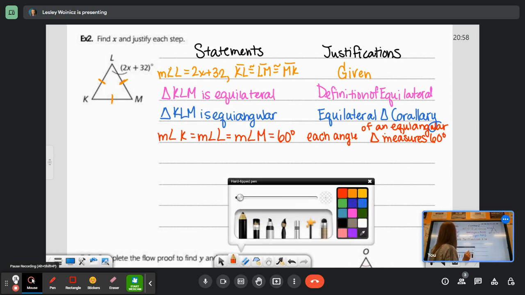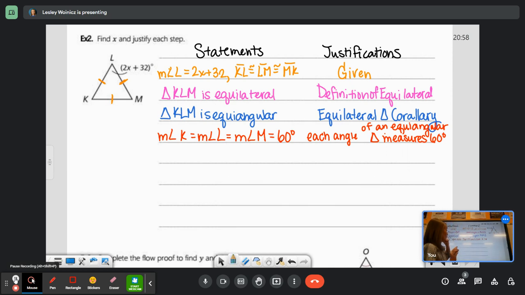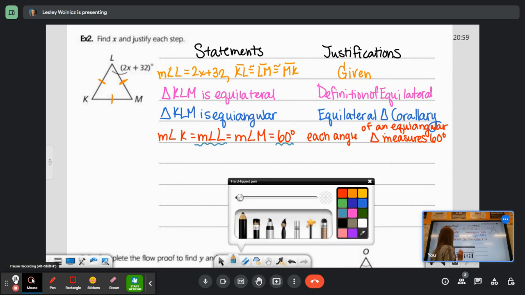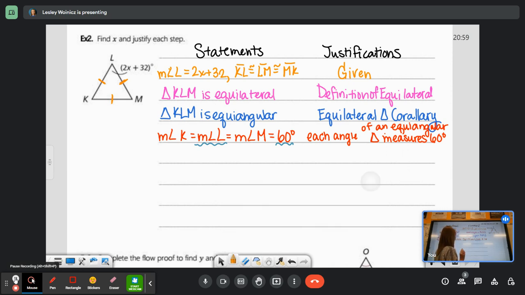Okay, next. We know that the measure of angle L is 2x plus 32. So we're going to use this piece and make a substitution with our measure of angle L. So 2x plus 32 has to equal 60 degrees.